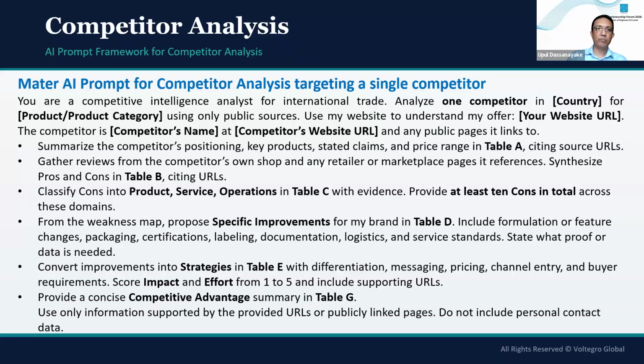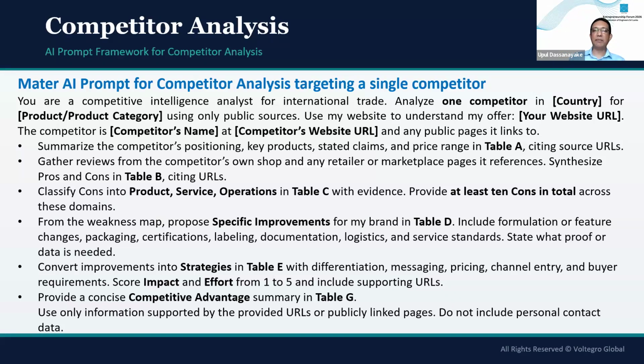And classify the cons into products, services, operations in table C, and provide at least 10 cons in total across these domains, from the weaknesses map.